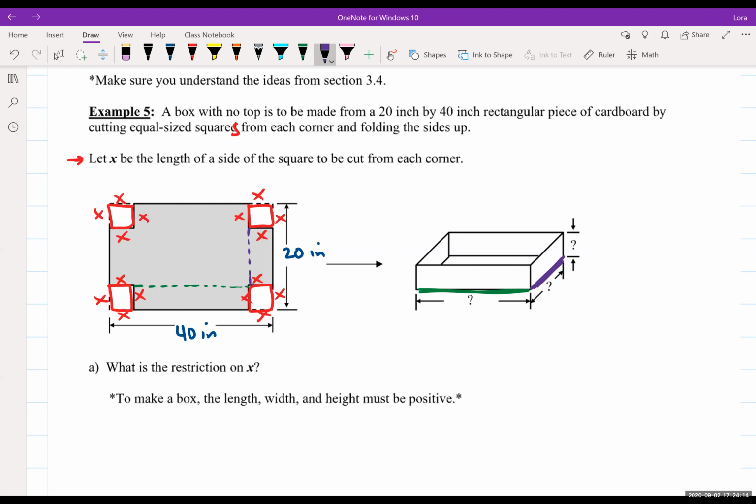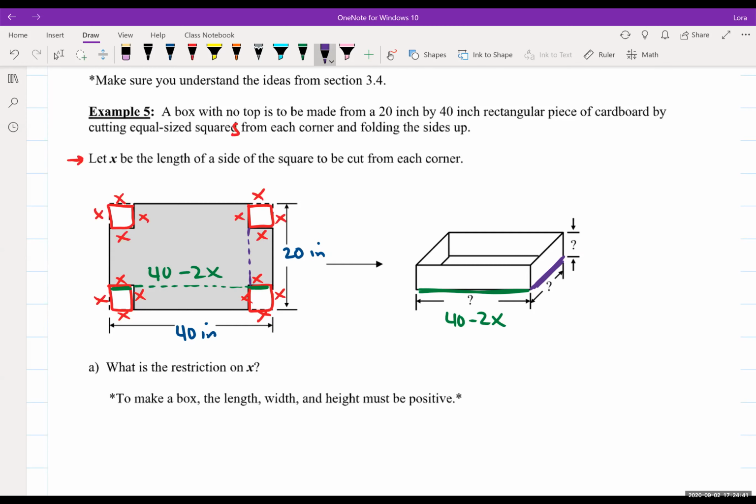So previous practice from this, we always started off with the length of the original cardboard, rectangular cardboard piece. And remember, you're subtracting off an X from each side. So that's subtracting off 2 X's. So that new length would be 40 minus 2X.